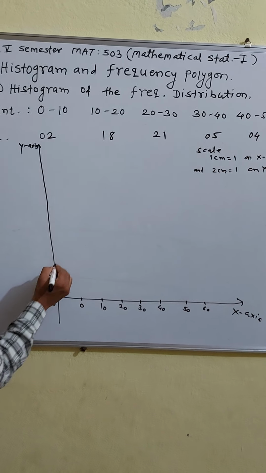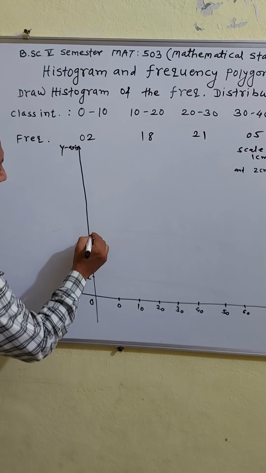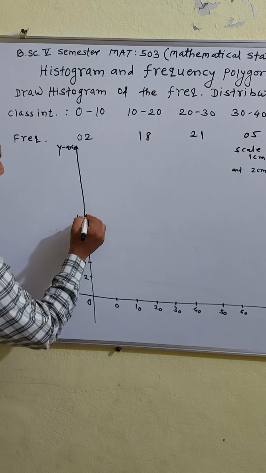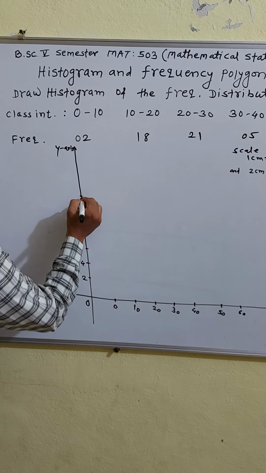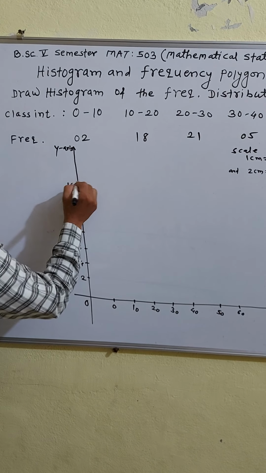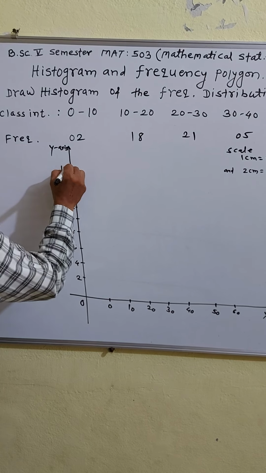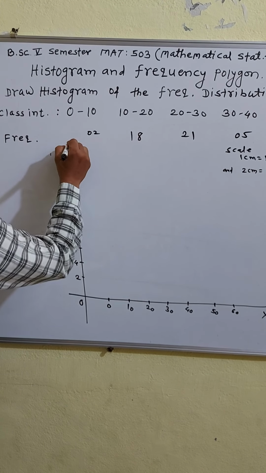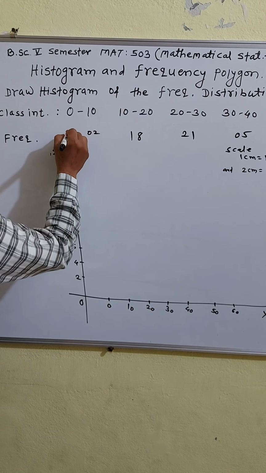Here 2, 4, 6, 8, 10, 12, 14, 16, then 18, then 20, 22.